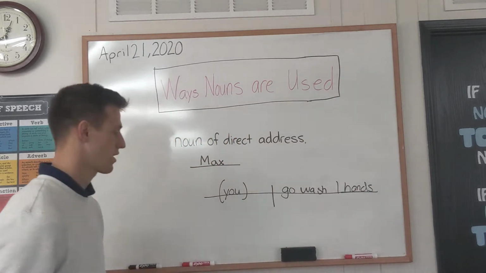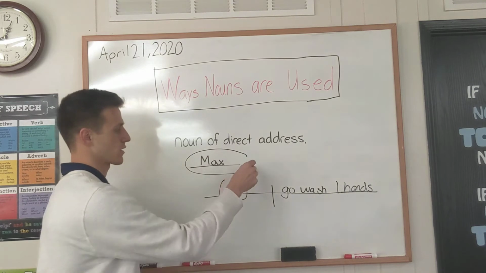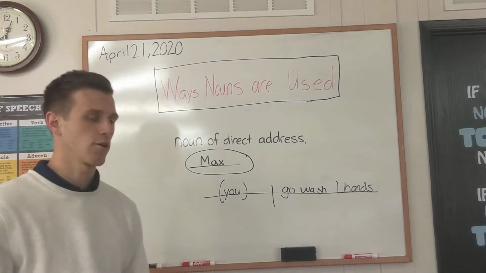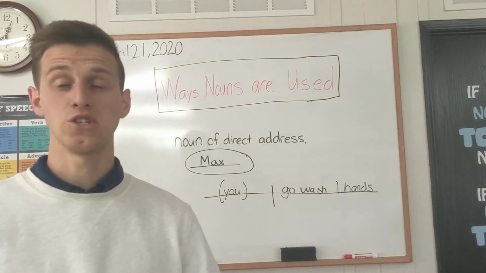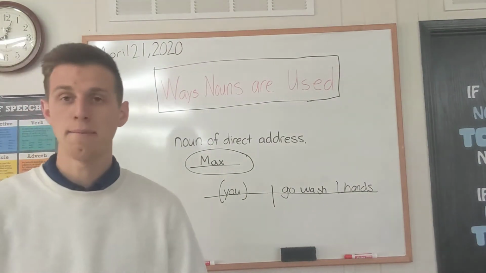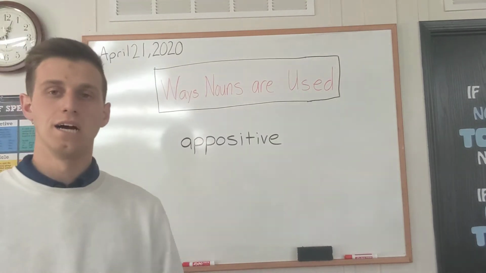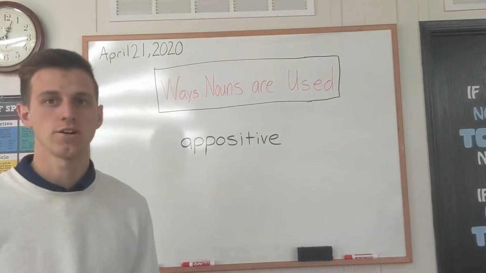Your hands is the direct object, right? So this is where our noun of direct address would go. It's set off from the rest of our sentence diagram up there on that little line, okay? So remember, our noun of direct address is the name of the person to whom our sentence is being spoken. All right, and last but not least, we have appositives, all right?